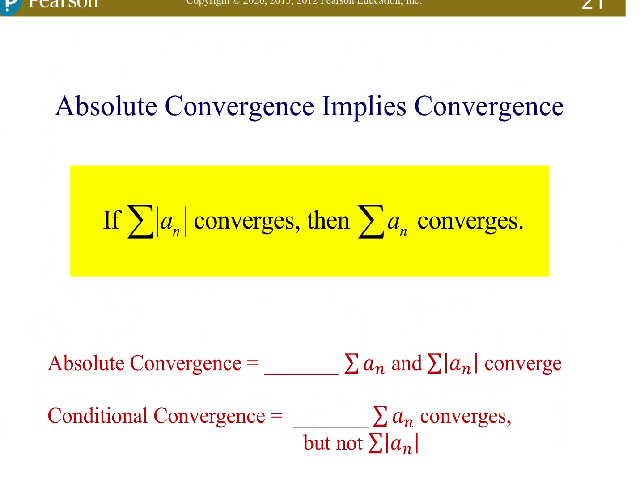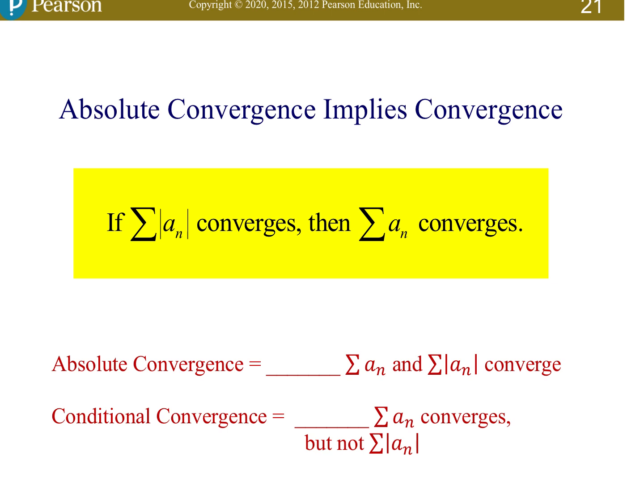We also talked about the difference between conditional convergence and absolute convergence. In absolute convergence, we have the idea that both the series with and without the absolute value will converge. That is absolute convergence. That means if I've got it or if I don't, no matter what, it will converge.